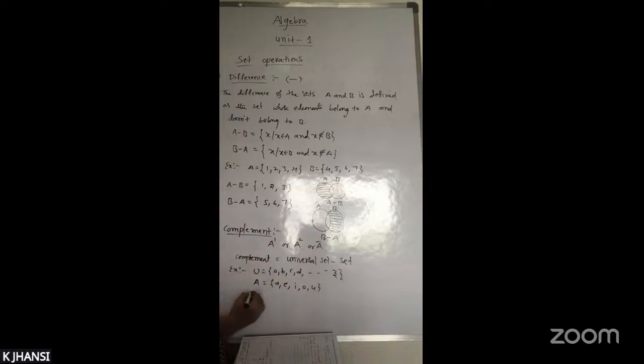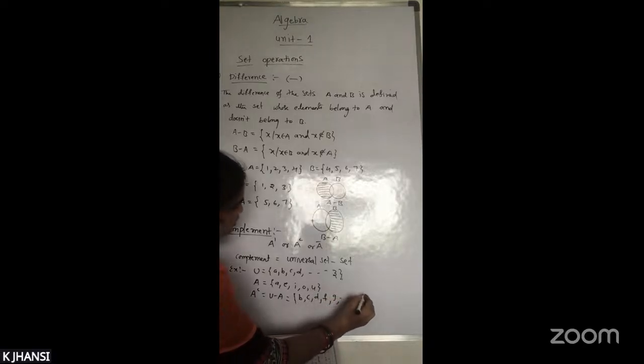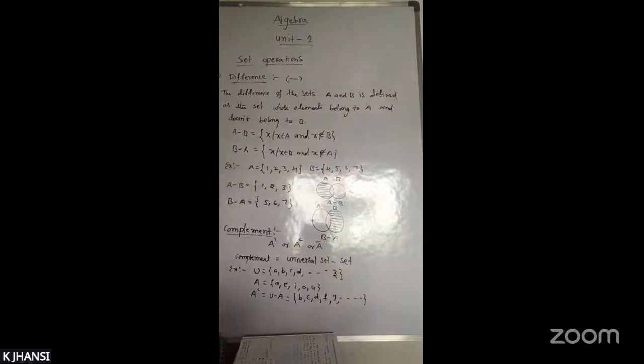That is A complement is equal to U minus A. So U minus A means whatever the elements are there in A, you have to subtract them from the universal set. So the remaining elements will be the A complement set. That is B, C, D, after that F, G, like this, and so on. Okay. So this is how to find the complement of a set.